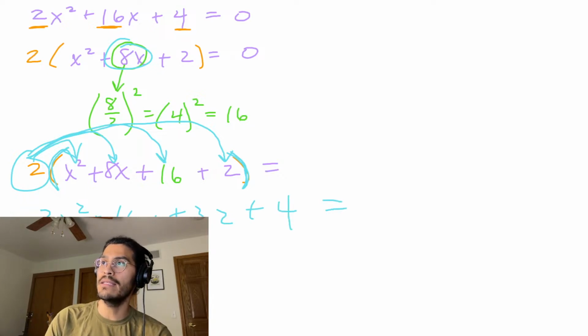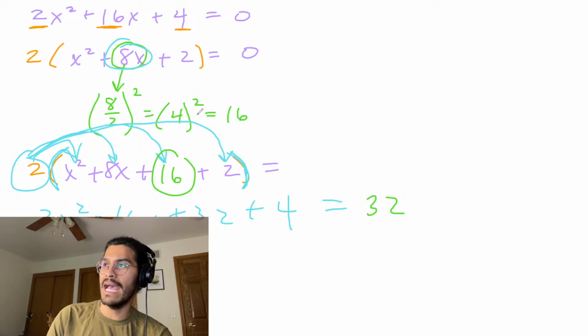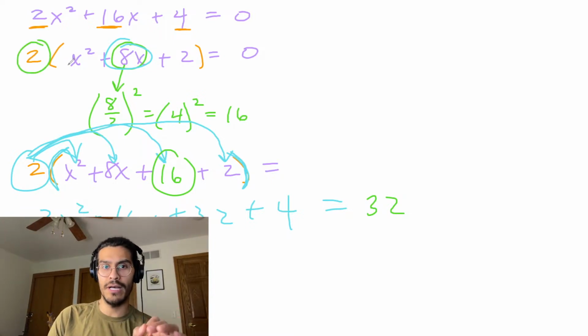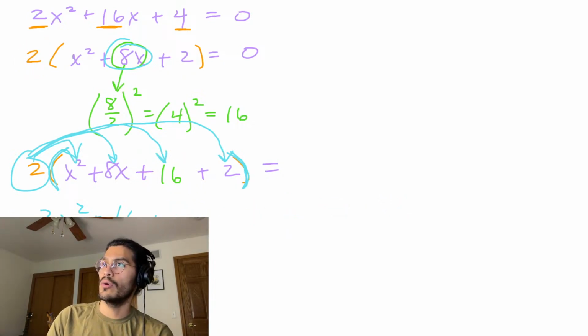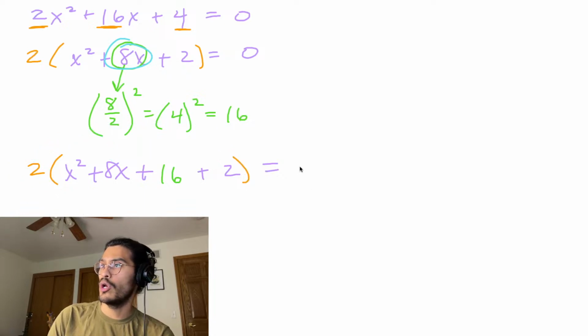So when we added 16 inside this parentheses, really we added 32. That's the only thing to make note of that's different when you're adding a number to complete the square when there's a coefficient out in front of your x squared term. So we're going to back this up. Now that we saw that, we're going to add 32 onto this side. Cool?